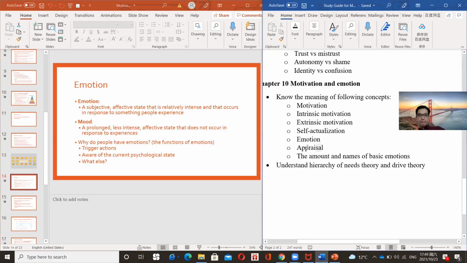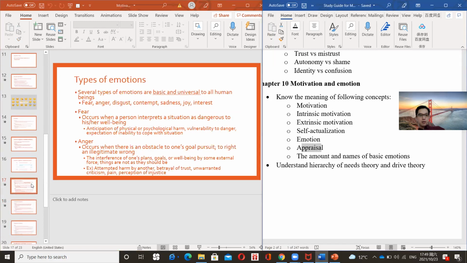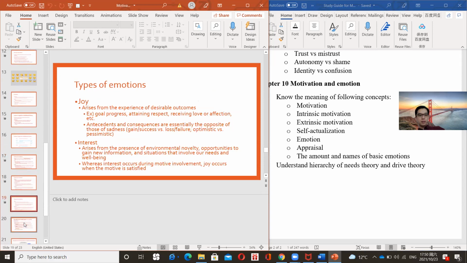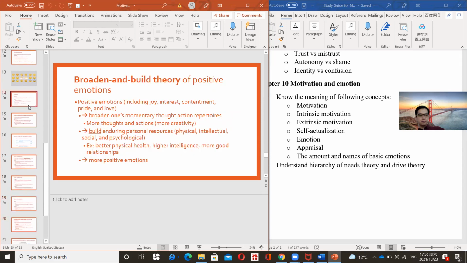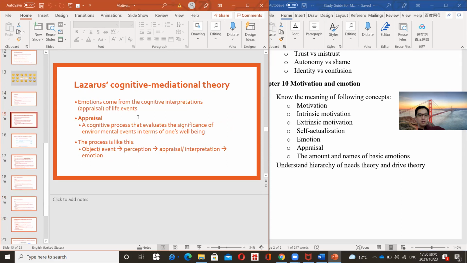Appraisal is a concept in Lazarus' cognitive mediational theory. Lazarus developed a theory that figures out how people have emotions, or where the emotion comes from.